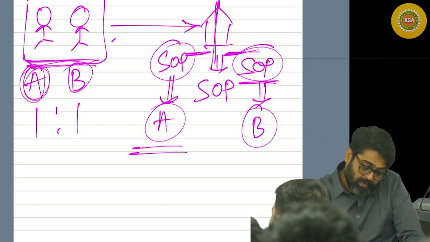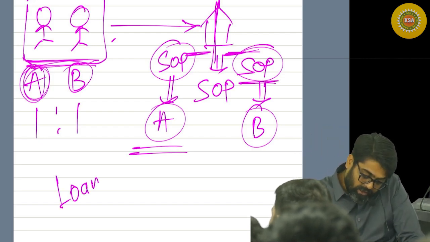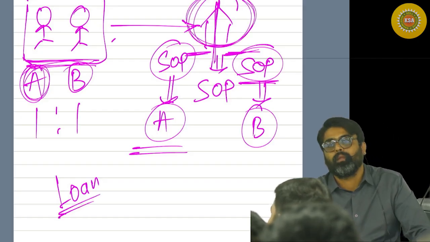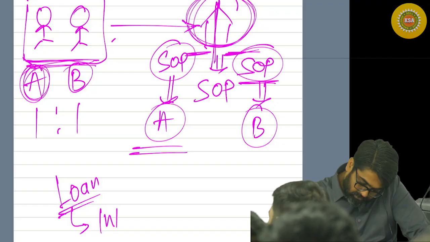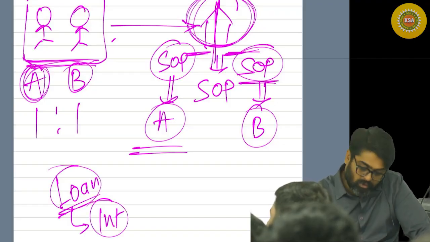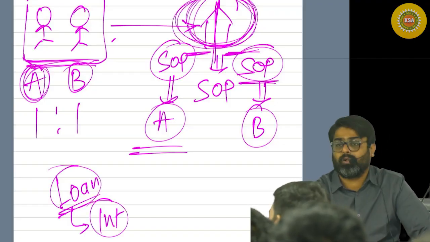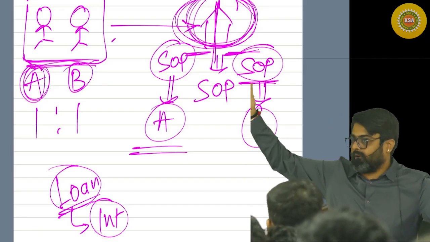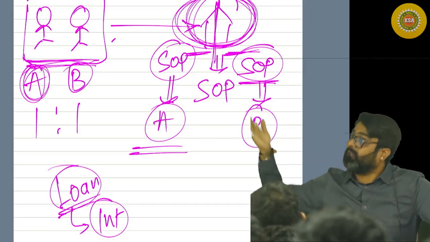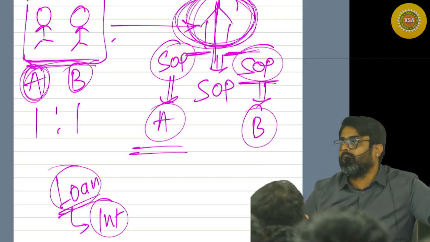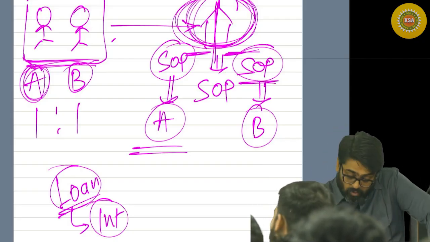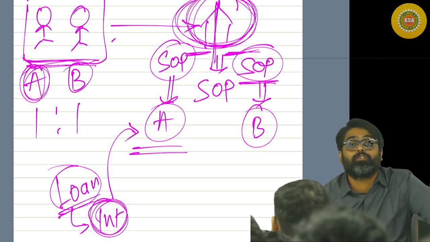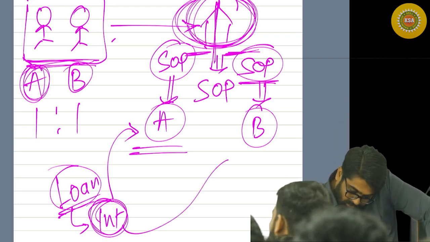Now, see, if the loan is taken for this entire property, the interest on this loan is also related to the entire property. Now you will have to first find out how much interest relates to A's SOP and how much interest relates to B's SOP.